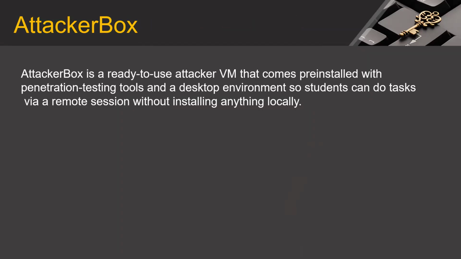But in this video, I'm going to explain the attacker box. This is the concept where you get a ready-made attacker VM that comes with pre-installed penetration tools, and you can use those tools to perform your practice in the cybersecurity labs provided by ThunderCipher.